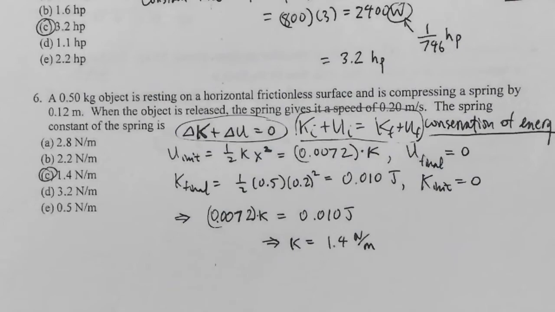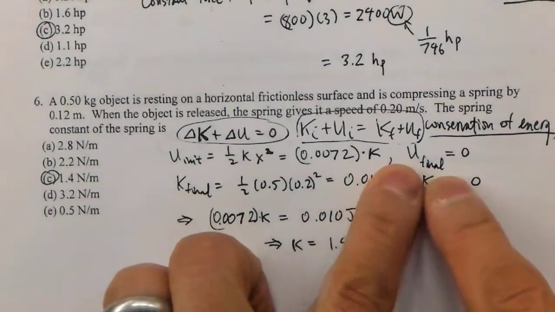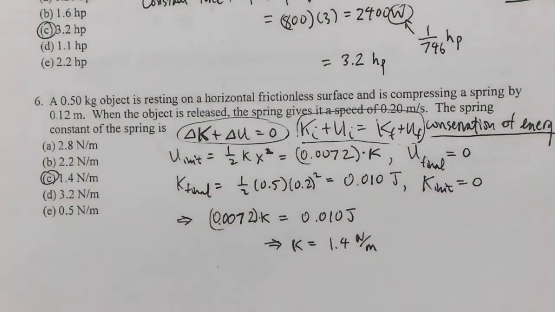At the final point, there's no potential energy in the spring. So U final is equal to 0, and because everything is horizontal, there's no gravitational potential energy we have to worry about.